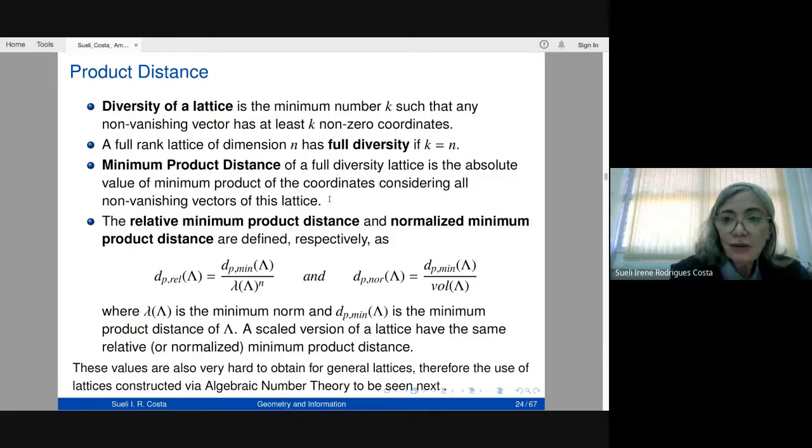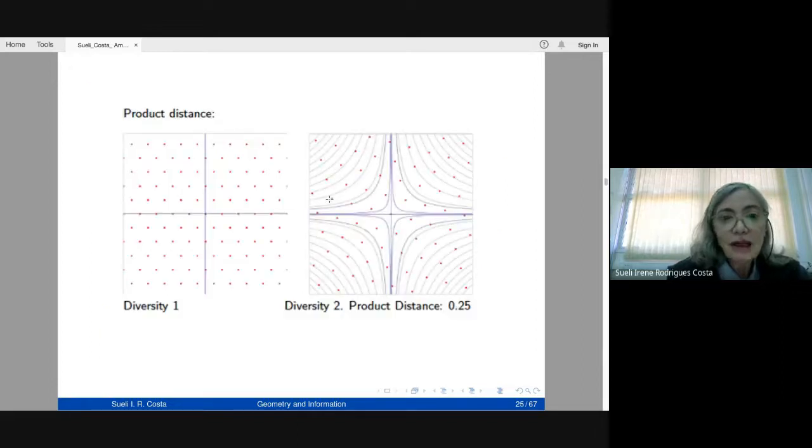I'll give an example. This is the hexagonal lattice in the standard position, and it has diversity 1 because we have points with 0 in some coordinates here. So the product distance here is 0. And here is the rotated version of the hexagonal lattice, which produces the maximum minimal product distance.